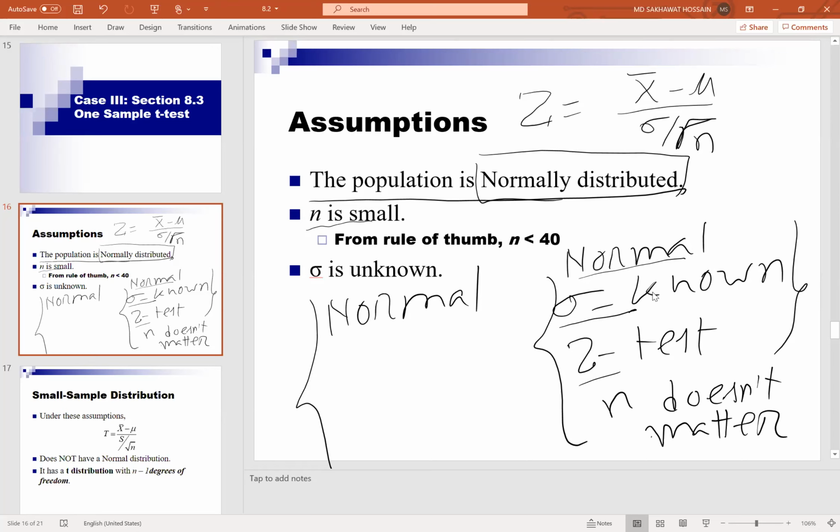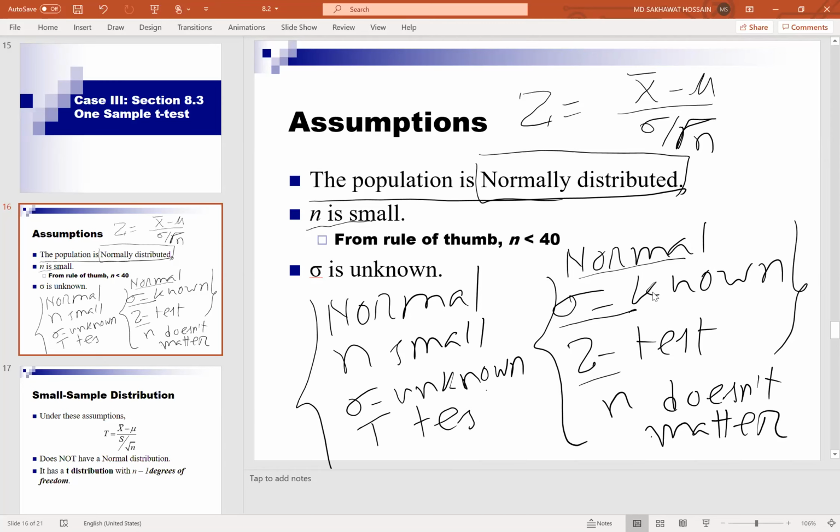If the population distribution is normal and n is small and sigma is unknown, then use t-test. But if n is large, then you can still use z-test. Okay. So is it clear when you will use z-test and when you will use t-test?